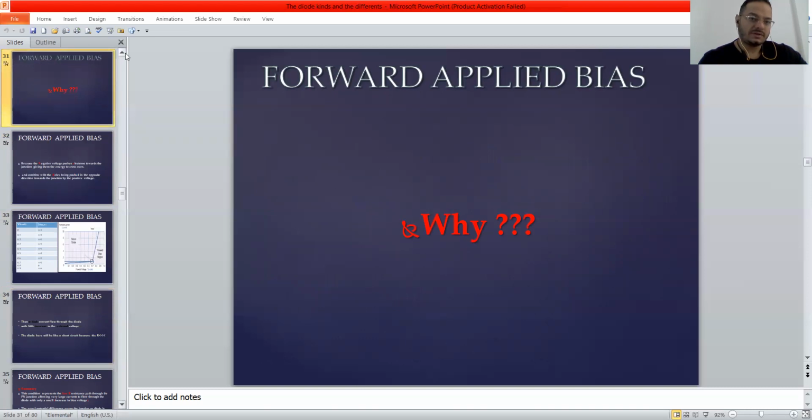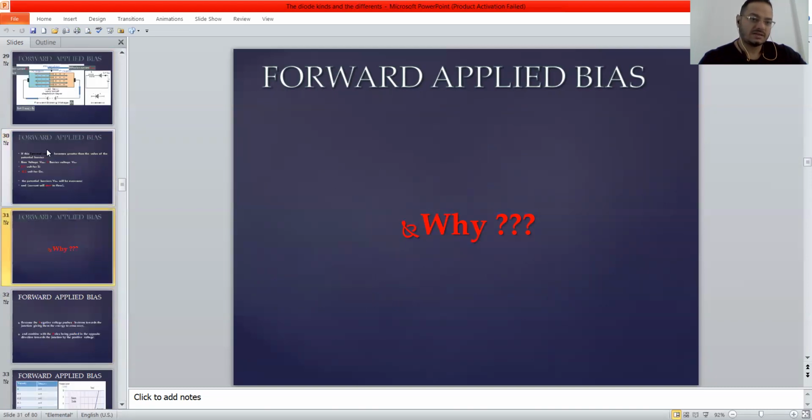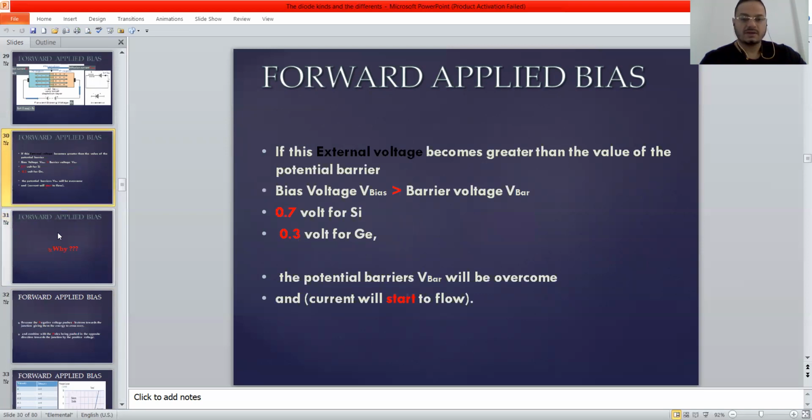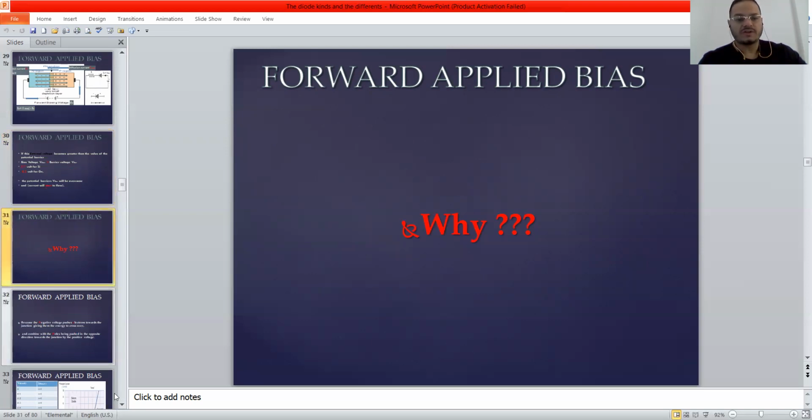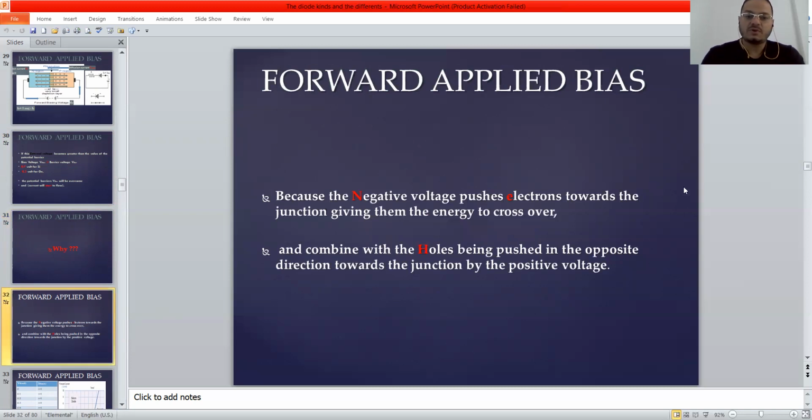Let me, maybe I made some mistake here. Yes, I will explain. Why? Let's focus on why and try to answer this question. Here, the N negative voltage pushes electrons toward the junction, giving them the energy to cross over.